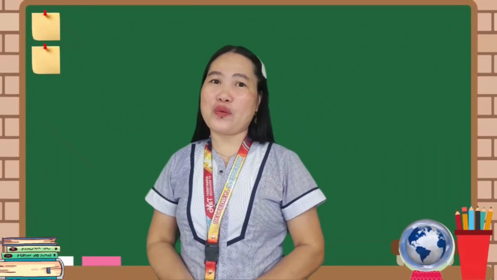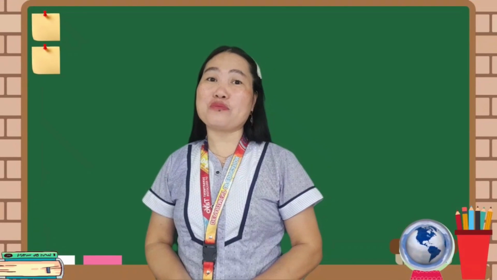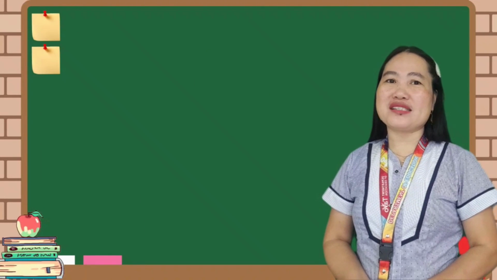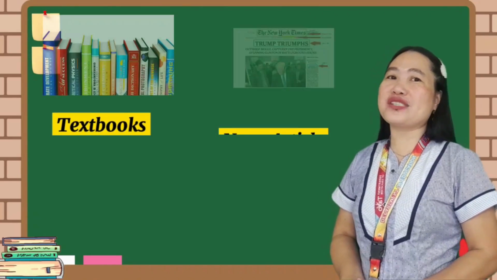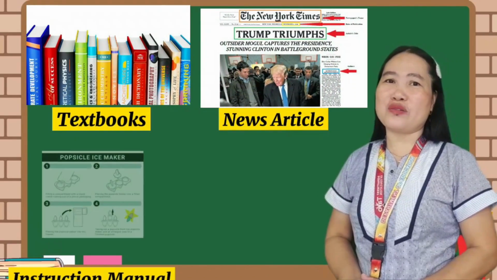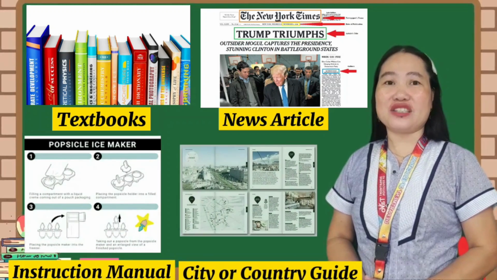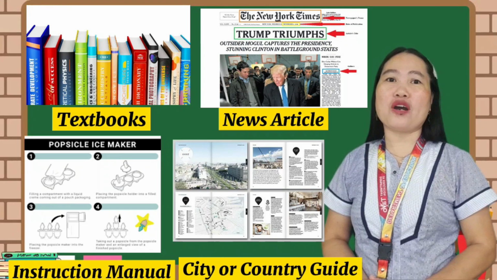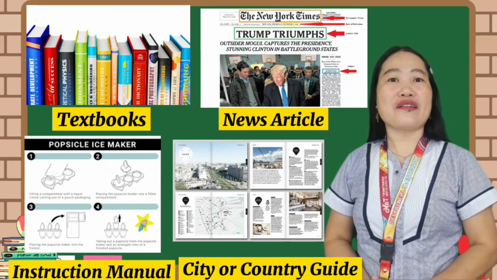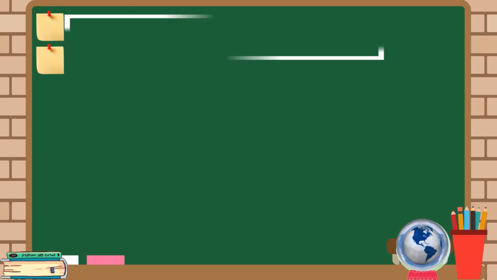Expository text exists to provide facts in a way that is educational and purposeful. Some common examples are textbooks, news articles, instruction manuals, and city or country guides. Remember that expository text is fact-based with the purpose of exposing the truth through a reliable source.